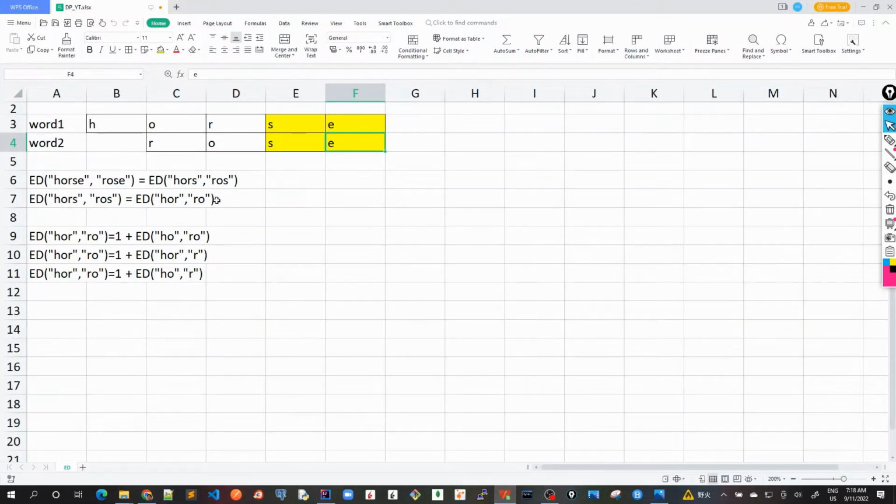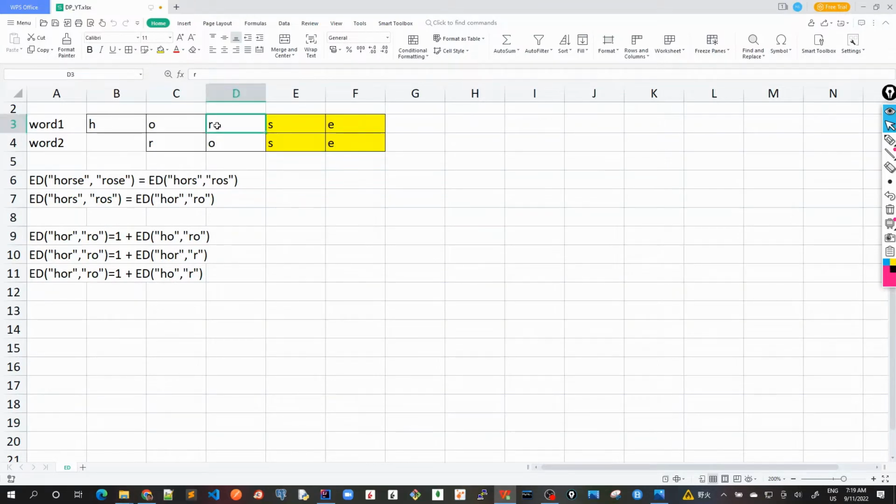To revise the algorithm: if characters match, we just discard those characters from both words and move on to the remaining substring. If the characters don't match, there are three possibilities, and we take the minimum.